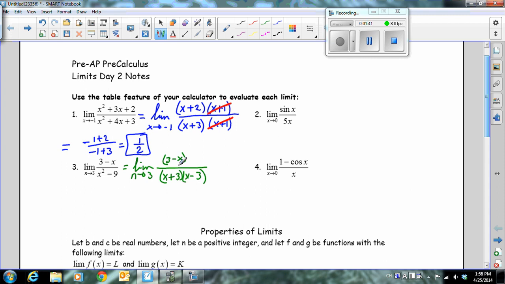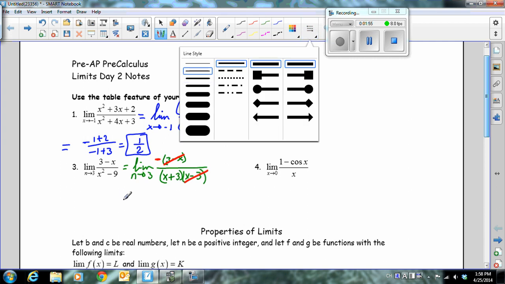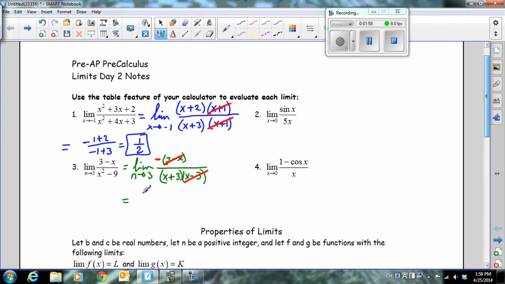Keep in mind, I can simplify this and this, but by simplifying, I'm creating a negative on top. So once I plug in 3, that'll be -1 over 3 + 3. The -1 is because I simplified, and the 3 is because I'm plugging 3 in here. That will give me -1/6.